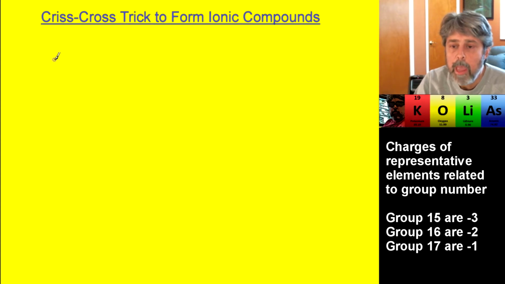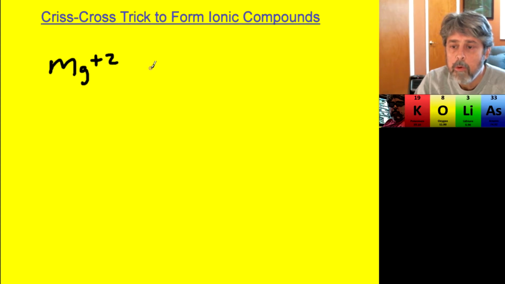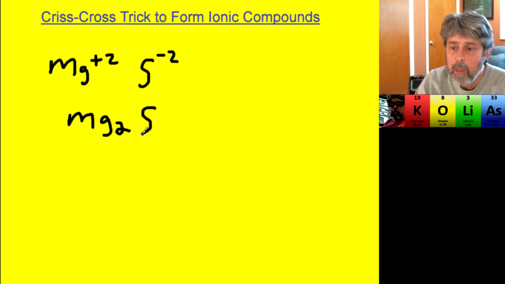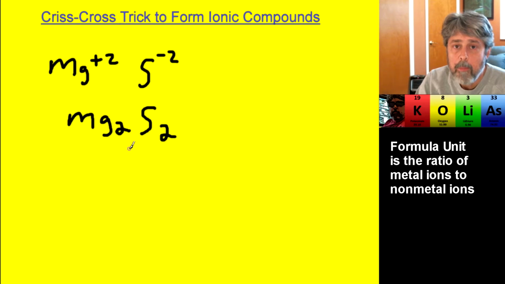Let's say we have some magnesium with a +2 and then a sulfur, which is a -2. So let's see what happens here. Because they're both 2s, obviously if you crisscross them, we're just going to get 2 and 2. But remember, we need to reduce these down to their lowest whole number ratios.